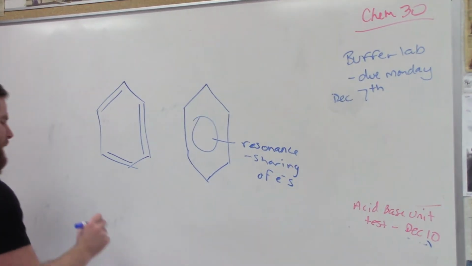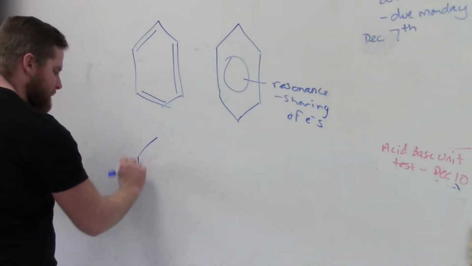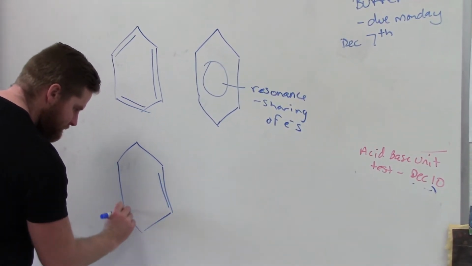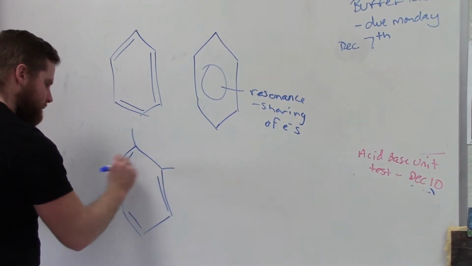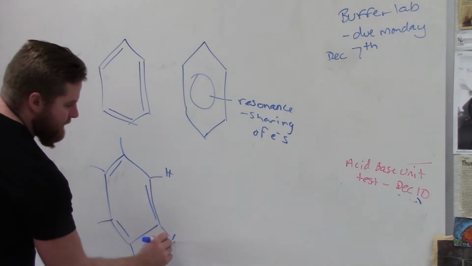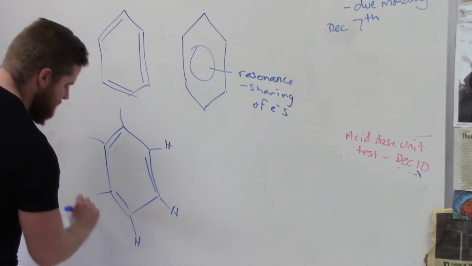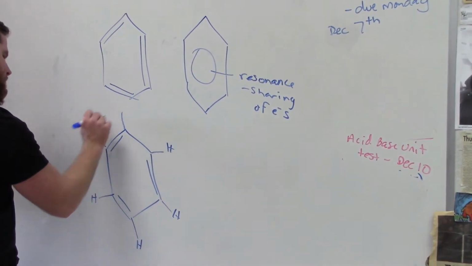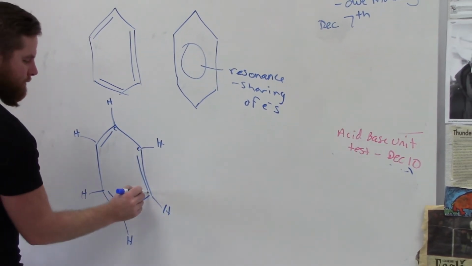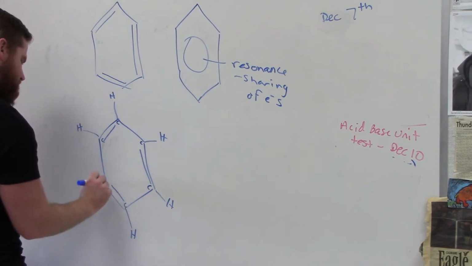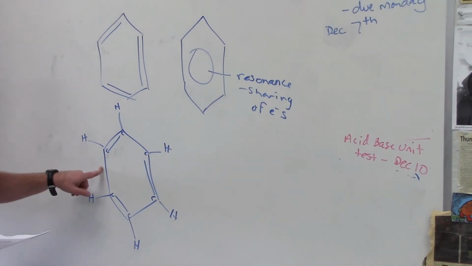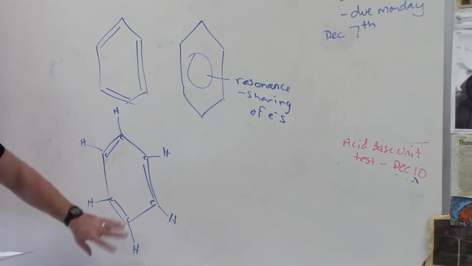So if I draw a complete structural diagram for this, the benzene ring looks like this. Okay, so there's one hydrogen attached to each carbon. Alternating double and single bonds, right? So all of these are carbons. And then you've got a single bond, double bond, single bond, double bond, and it alternates.